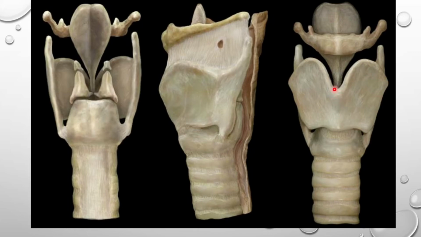which meets anteriorly in the midline, and we call this the laryngeal prominence, or you might also refer to it as the Adam's apple in males. So it is a lot more prominent in males. However, all the Adam's apple is, or the laryngeal prominence as we're now going to call it, is the union of the left and right laminae of the thyroid cartilage, which come together in the midline.